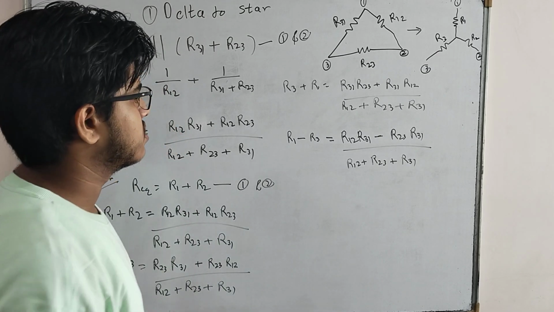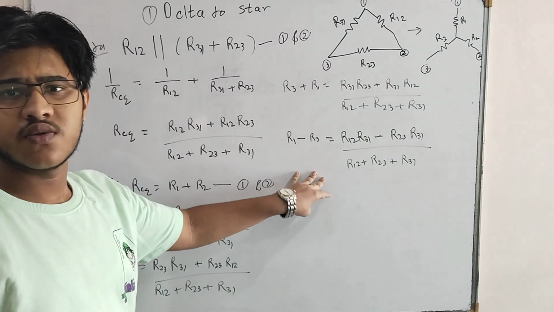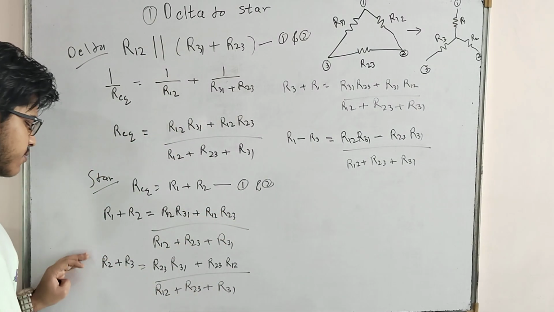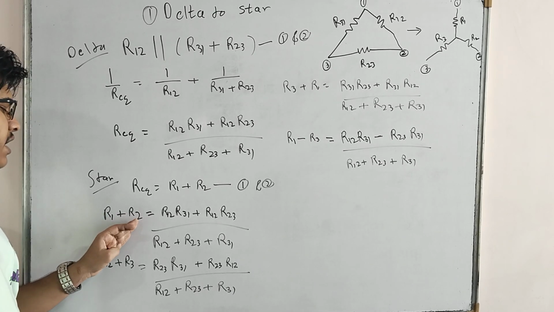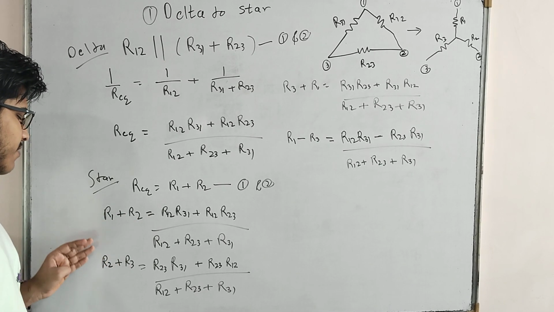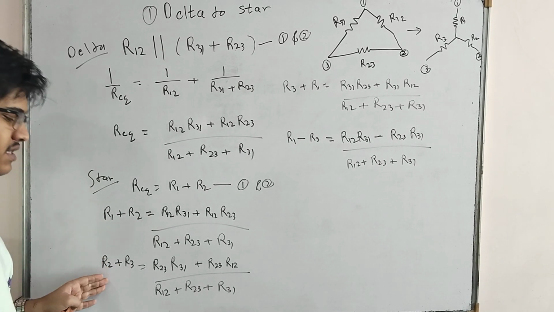This equation we obtained from subtracting these two. So R1 plus R2 minus R2 plus R3 will give me R1 minus R3.